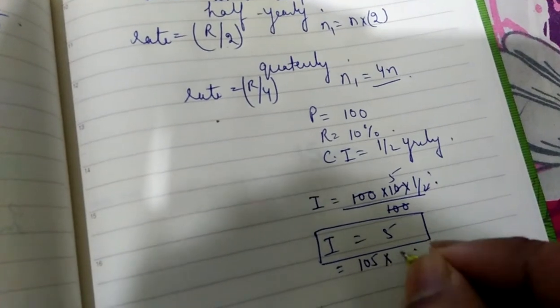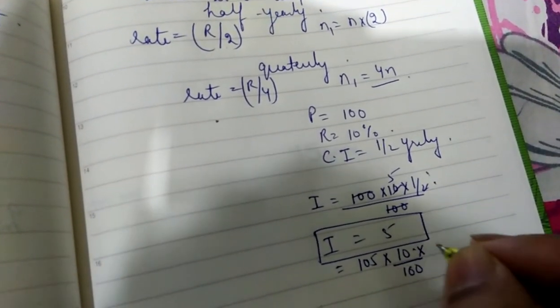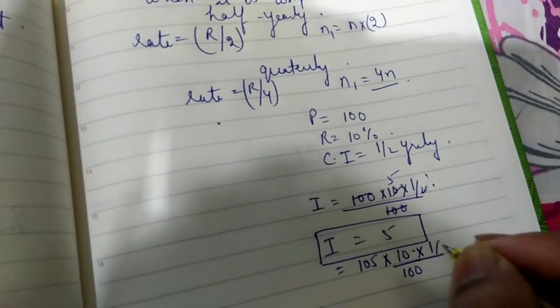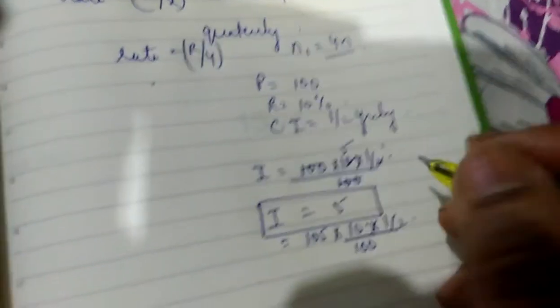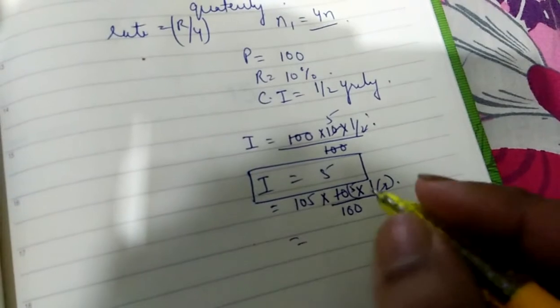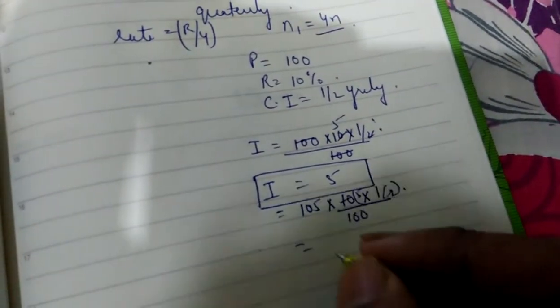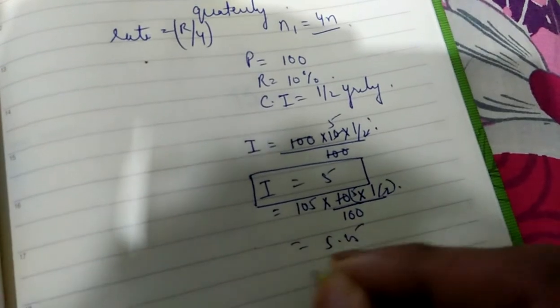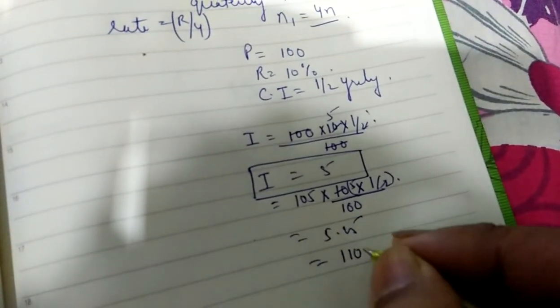Interest rate again is 10 by 100 into 1 by 2, because we are compounding semi-annually or half yearly. So again this has become 5. Calculating this, we will get 5.25, and adding it to the amount, we will get 110.25.